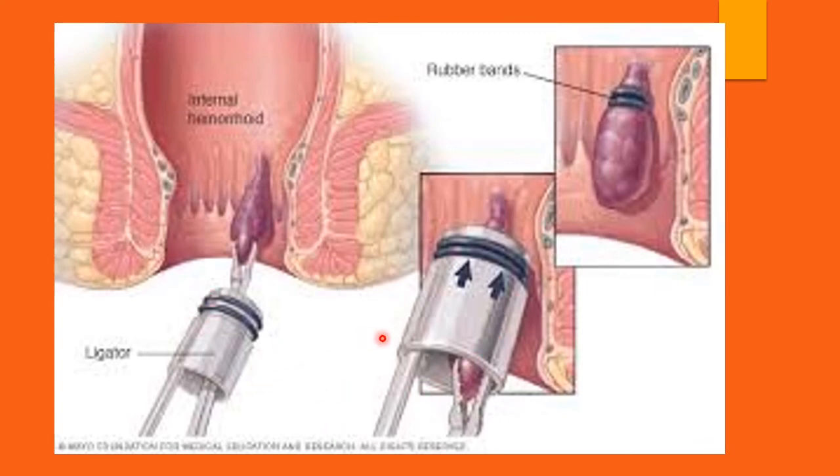This is the banding equipment. Okay, this is the second-degree hemorrhoid, which is pulled into this banding machine here, the ligator, which carries the rubber bands. And once it is pulled into the ligator, the rubber bands are released, which strangle or catch the neck of the hemorrhoids, causing ischemic necrosis and fibrosis, or dropping off of these hemorrhoids.